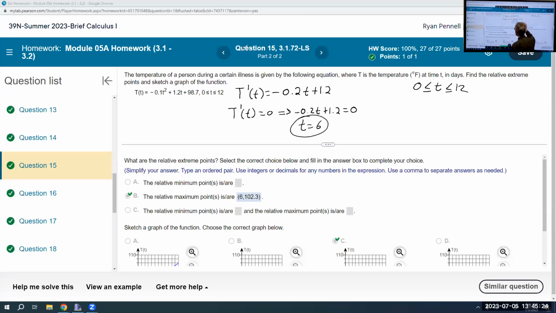So that's 6 days. Now we can see what the temperature is at that point. Plug it in the original function.